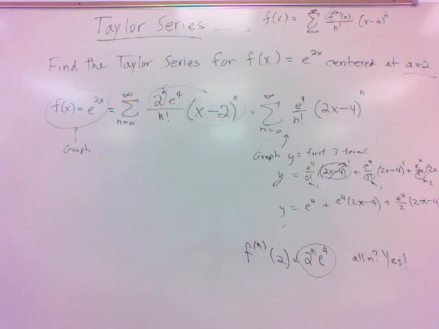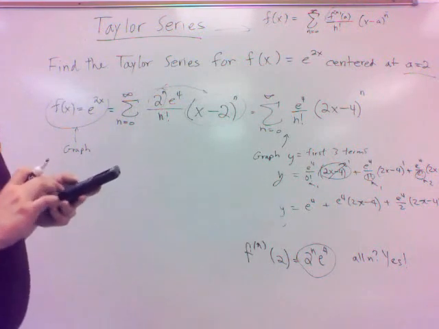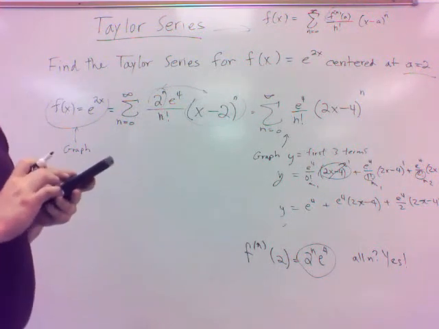e to the fourth plus e to the fourth, let's factor that off, times 2x minus 4 plus e to the fourth over 2 times 2x minus 4 squared. 2x minus 4, not 44.